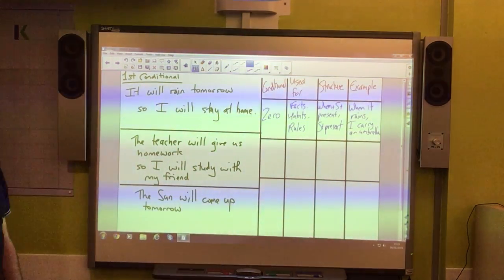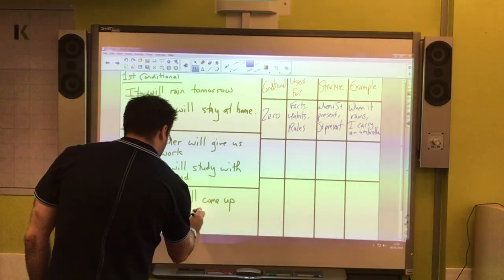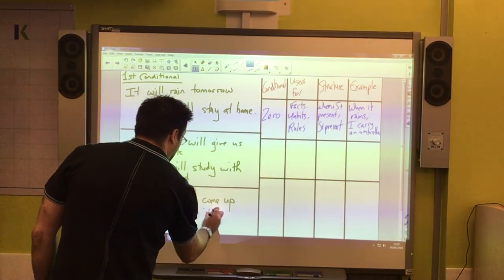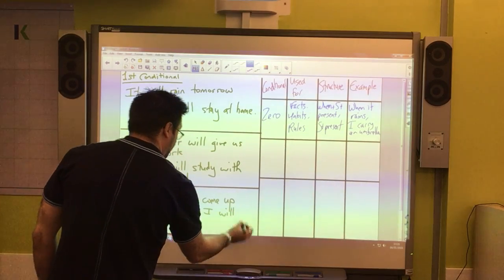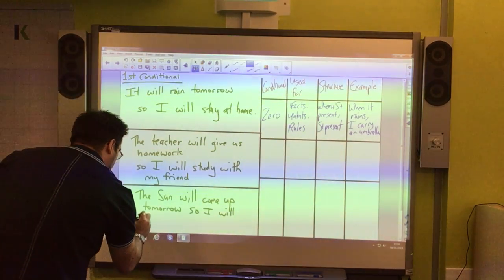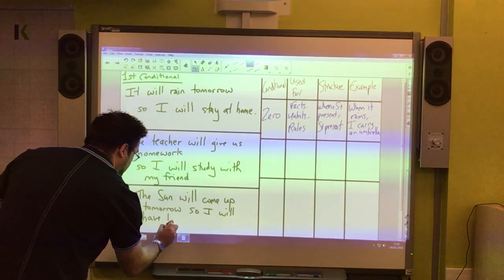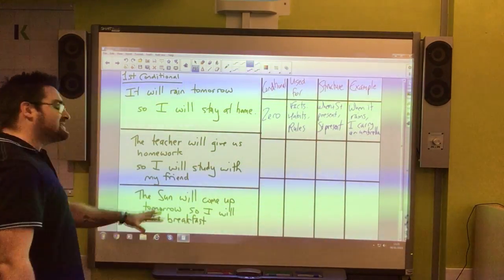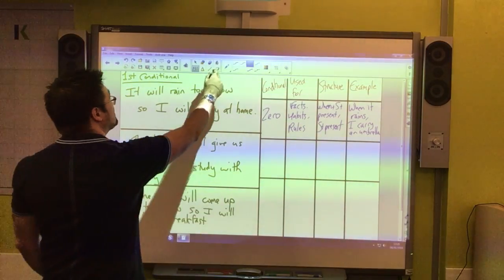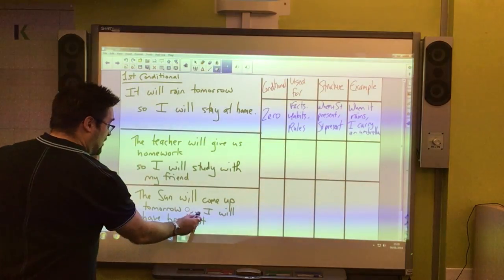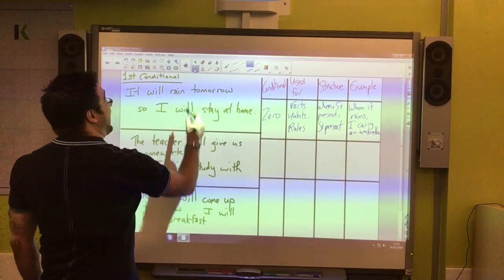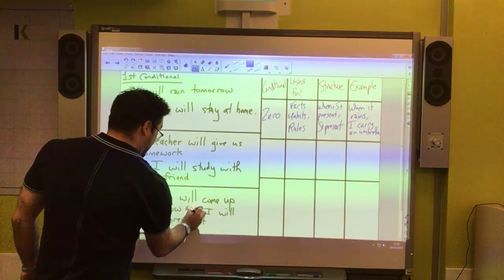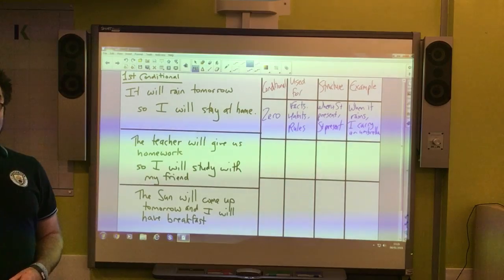And the sun will come up tomorrow. So I will have breakfast. In this case, it might be a little better if you're talking about certainty. Instead of so, you might want to say and. Okay, the sun will come up and I will have breakfast.